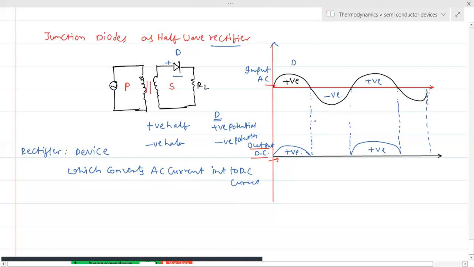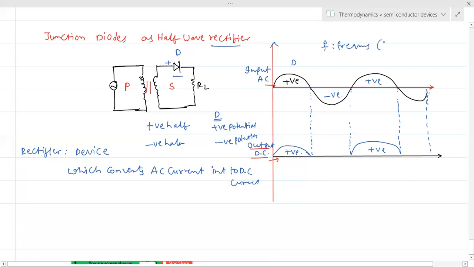And one more important thing we are going to study is, suppose F is the frequency of the input. That means this is the time period. Here you can see in the time period we have one wave for input, and similarly we have one wave for output.